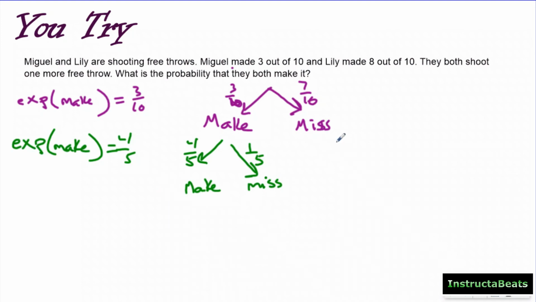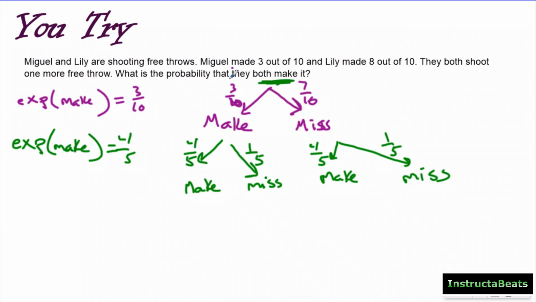If Miguel misses it, I'll come over here. Lily still has the same 2 choices. Well, not really a choice, but same 2 options. She can make it or miss it. And her experimental probability is still 4/5 to make it, 1/5 to miss it. So we want to know what's the probability that they both make it.